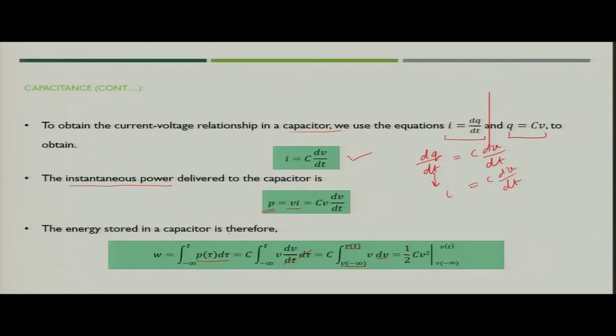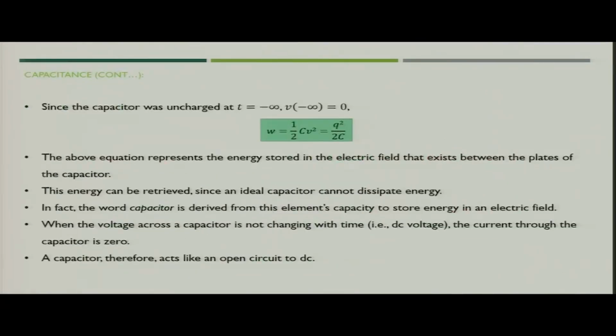This will come out to be half Cv square. Now, at minus infinity you assume that the capacitor is fully discharged, so the value of V at minus infinity would be 0, and the value of V at the particular time t you will simply call V.